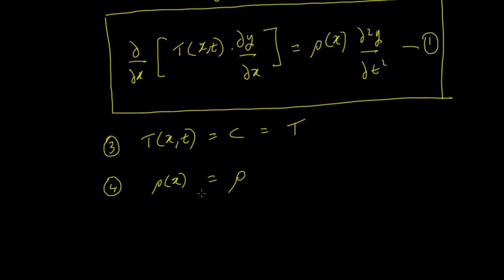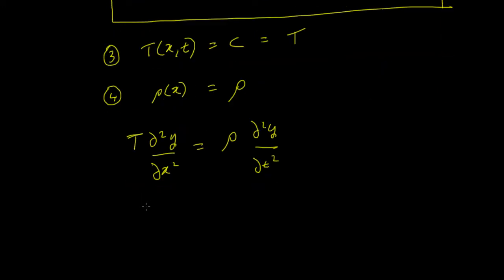So then we can simplify that out, and because T, the tension, is no longer a function of x, we can take it outside this differential here. So you just have a T, and this is going to be simply the second differential: T times partial squared y by partial x squared is going to equal rho times partial squared y by partial t squared.